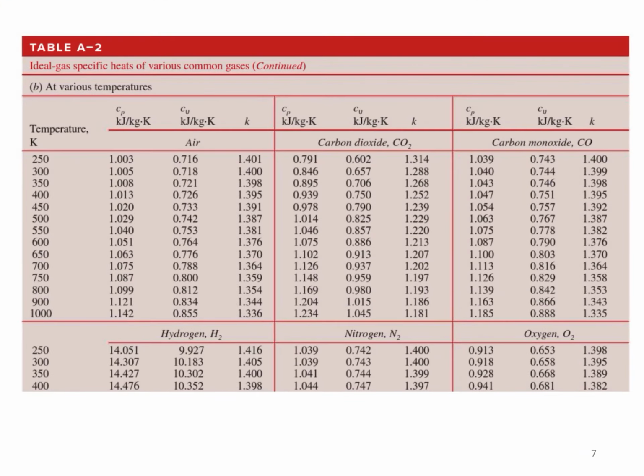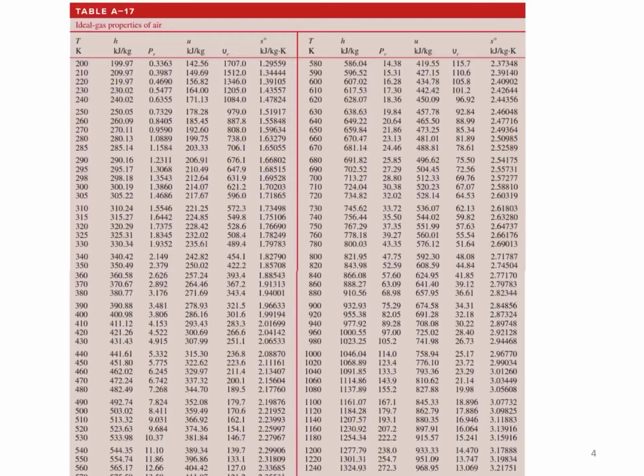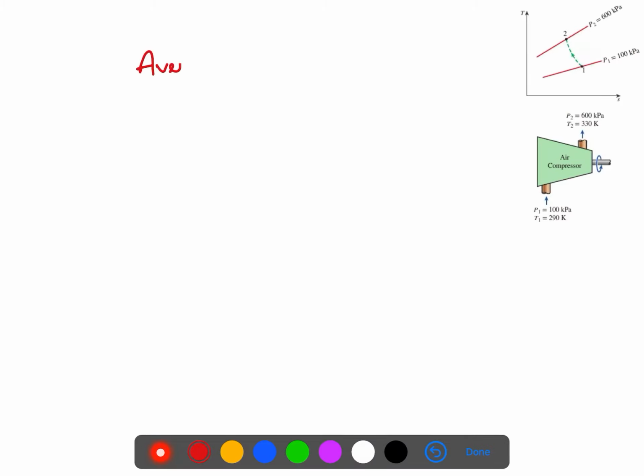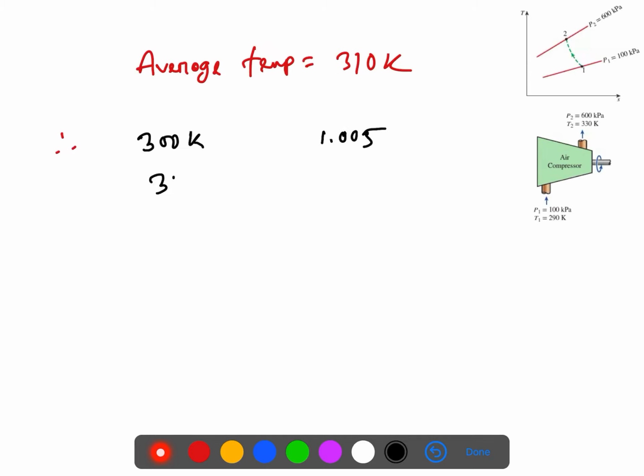So now what I will do, guys, I will write down here. So the average temperature, it was 310 Kelvin. So for 300 Kelvin temperature, specific heat is 1.005. For 310, we will calculate it.